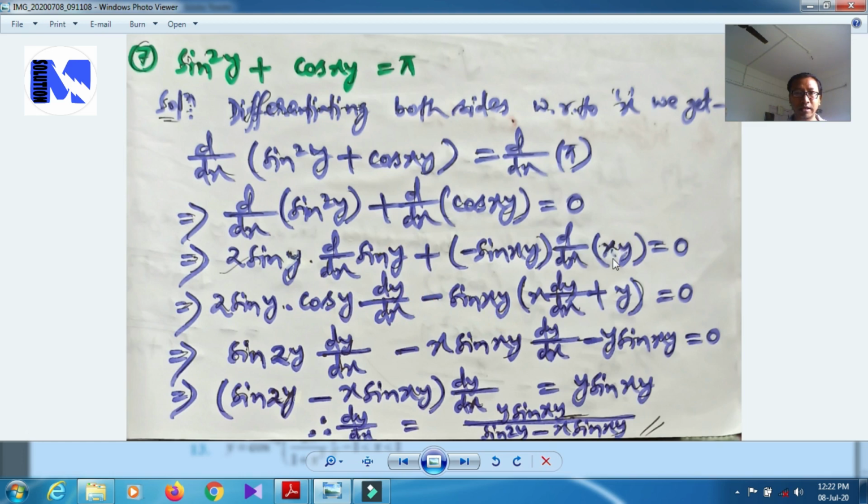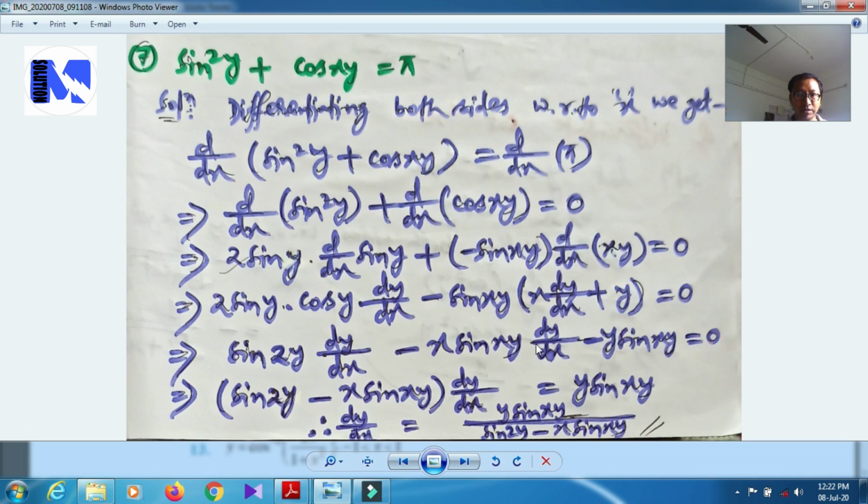This part is again in the product form, so we have to apply the product rule. It is x dy by dx plus y d by dx of x. d by dx of x is 1, so only y, equal to 0. Then 2 sin y cos y means sin 2y dy by dx. Then it is sin xy, and this x I have written here, I have opened the bracket, so that's why I have multiplied this, the x sin xy dy by dx, then minus into y is y sin xy equal to 0.